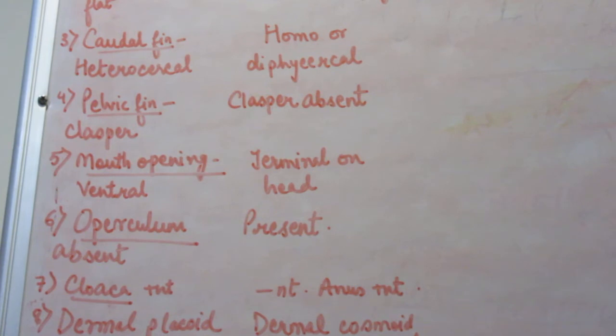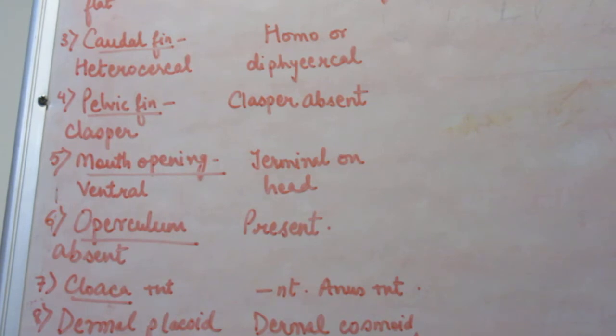Terminal means, if it is a spindle shaped body, the mouth is at the end, just at the center of the head, but ventral means the mouth is present on the lower side. Then operculum is absent in C.